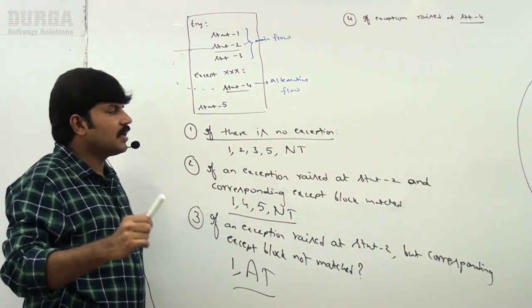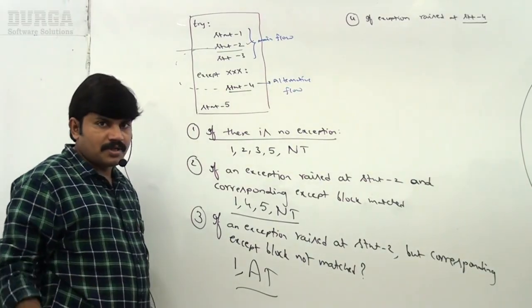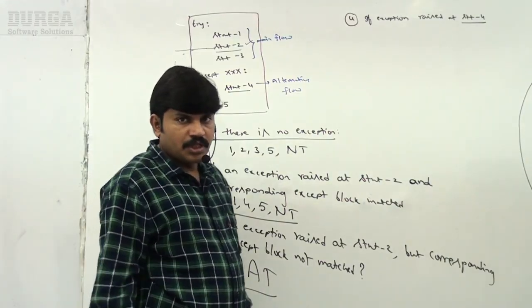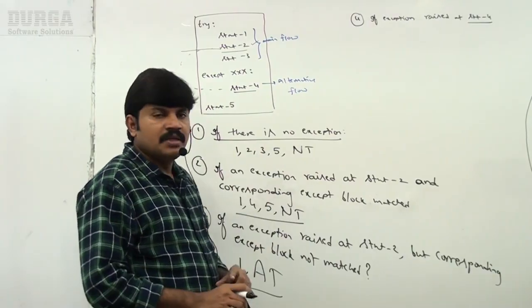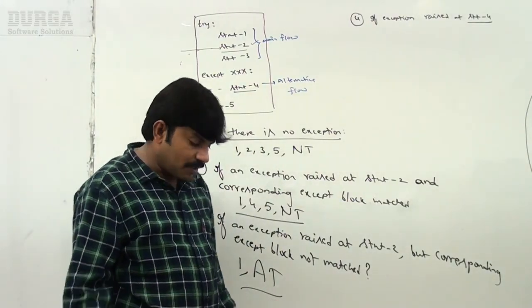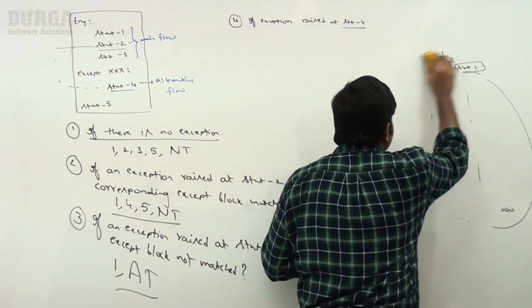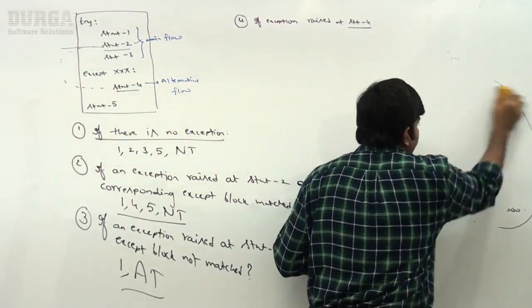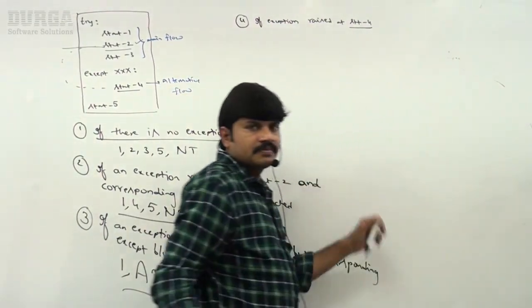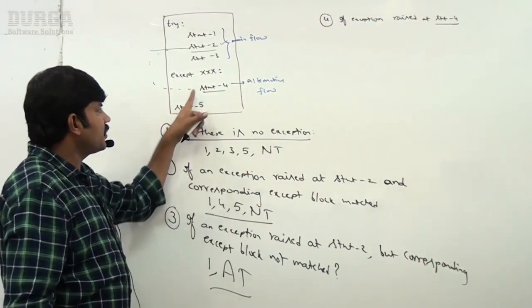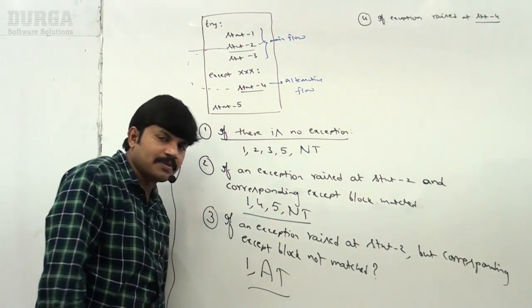Is it normal termination or abnormal termination? Please confirm. Very important, friends. If an exception is raised at statement 4, is it normal or abnormal?